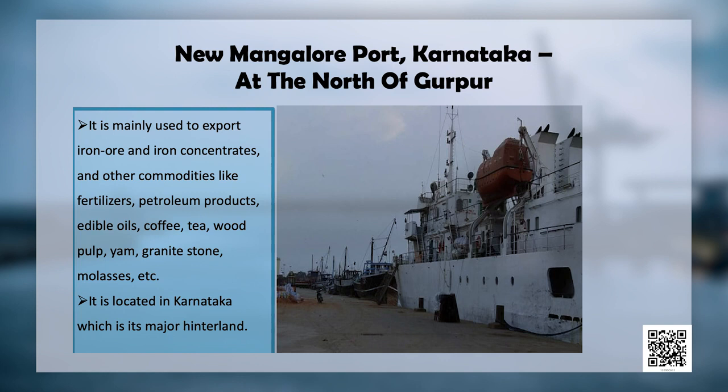New Mangalore port, located in Karnataka, is mainly used to export iron ore and iron concentrates and other commodities like fertilizers, petroleum products, edible oils, coffee, tea, wood pulp, yarn, granite stone and molasses. Karnataka is its major hinterland.